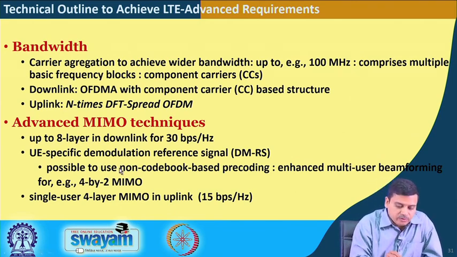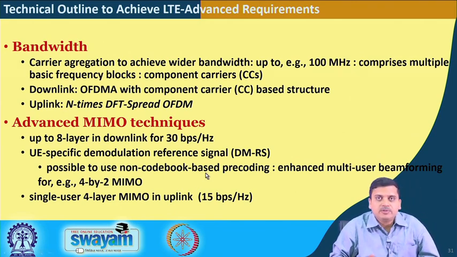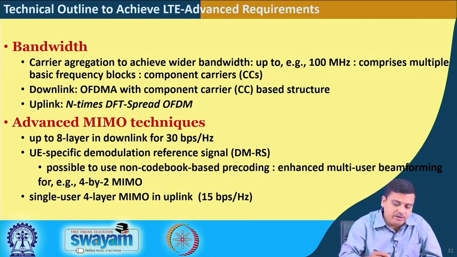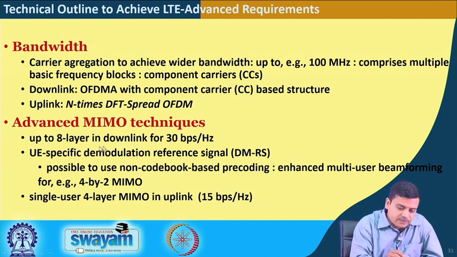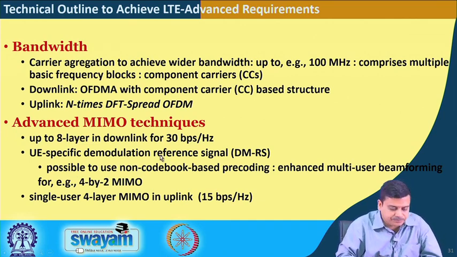Whereas, if you use non-codebook based, you can derive the antenna weight vectors, which are complex in nature, so as to match the output signal from the transmit antenna to the channel in the best possible manner. And you can use them in multiple ways, like whether you go for beamforming or for spatial multiplexing. So, there is provision to do such things.